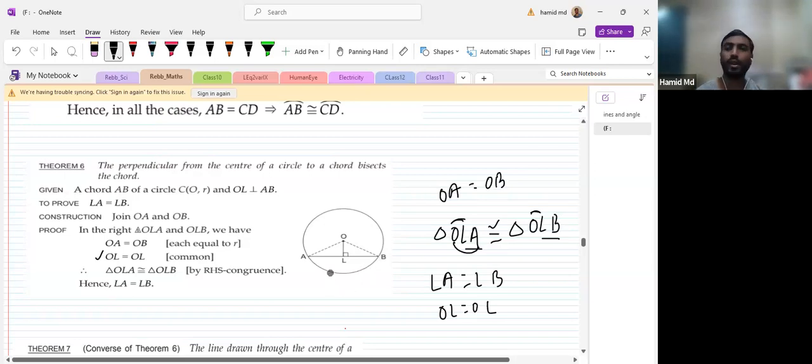When we see that two triangles are congruent and we are naming them, we have to follow a standard procedure. See how it is written: OLA and OLB, in the same order. Got the point? Yes, sir. It is a very important thing to understand.